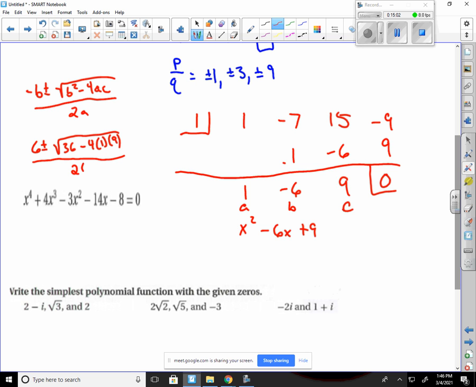That's all over 2 times 1. Four times 1 times 9 is 36. So this is just 36 minus 36 in the middle here. Since that's 36 minus 36, that just becomes a 0, and I have 6 over 2, which is 3.